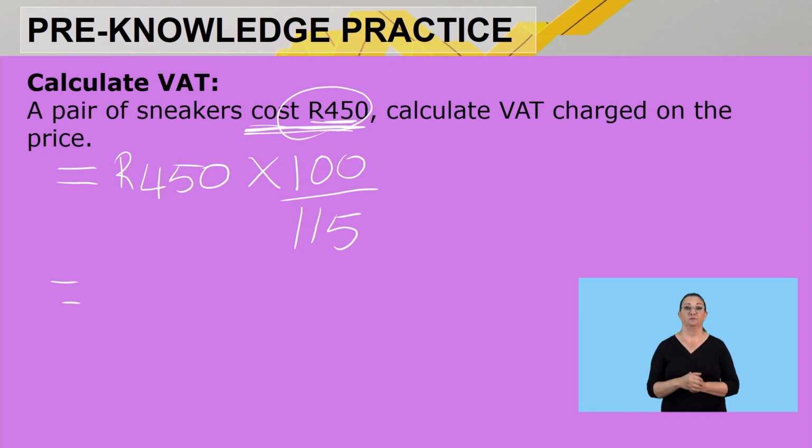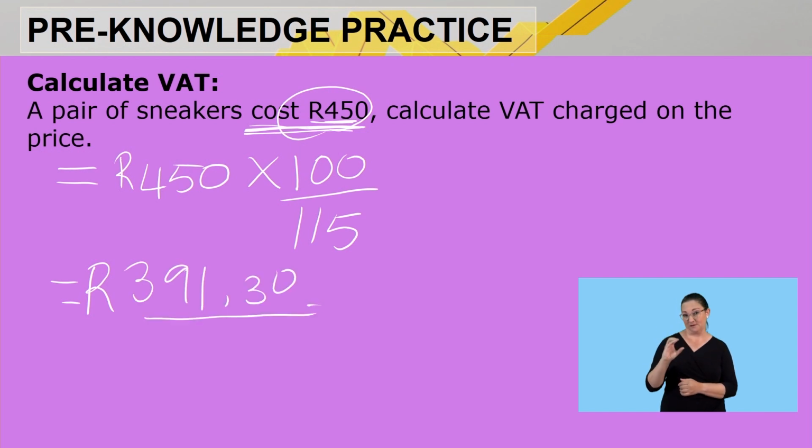Now, having that total amount, working that out, 450 multiplied by 100 over 115 will give you 391.30, meaning this price does not include VAT, meaning it's the cost price from the manufacturers. They have not yet included VAT.